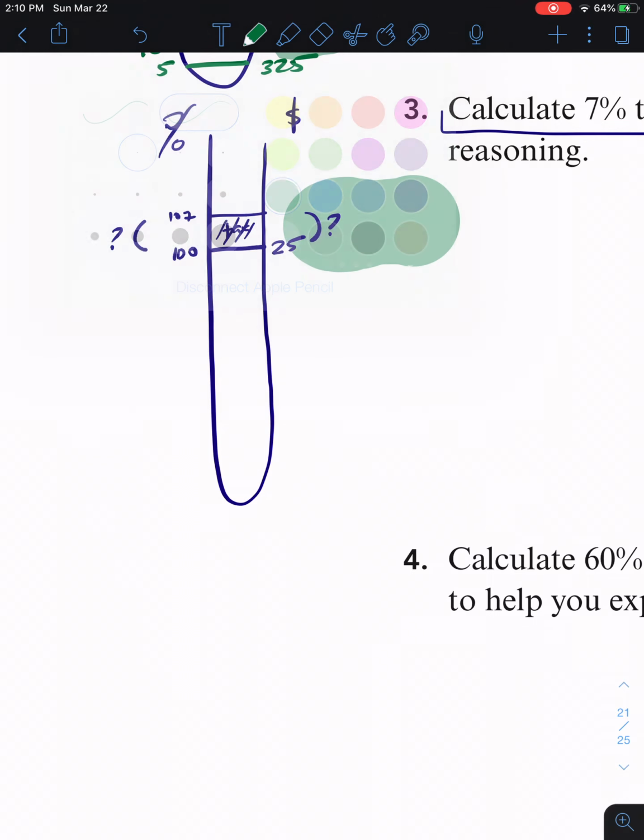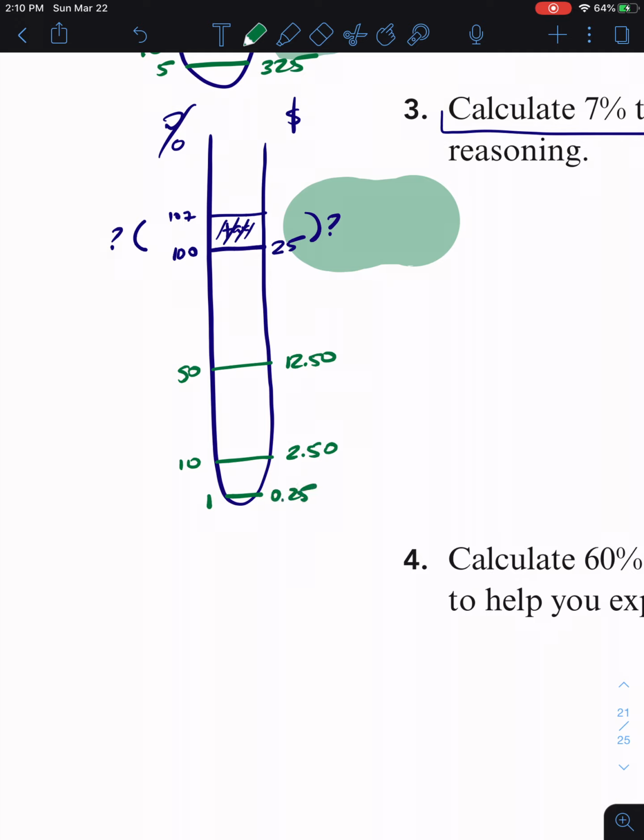So let's see what we can figure out. Because 7%, we can find 50%. Right, that's $12.50. We could find 10%. That's $2.50. Right? Could we, none of that helps us get to 7. Could we find 1% perhaps? 25 cents is 1%.